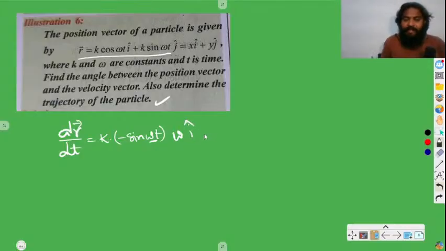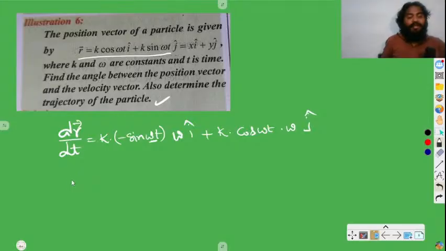Plus k is constant, you keep it aside. If you differentiate sin omega t, then you will get cos omega t into omega j cap. This is nothing but the velocity vector.